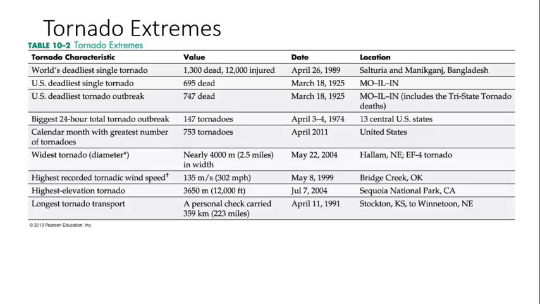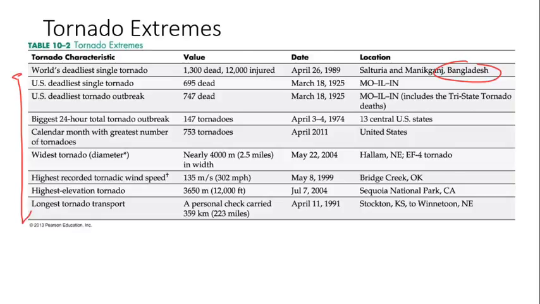The first line here is a statistic with regard to tornadoes worldwide. We're going to see that North America really has a lot of tornadoes, but the one that had the most fatalities was in 1989 in Bangladesh. It's a lot of dead. These others have to do with our continent.